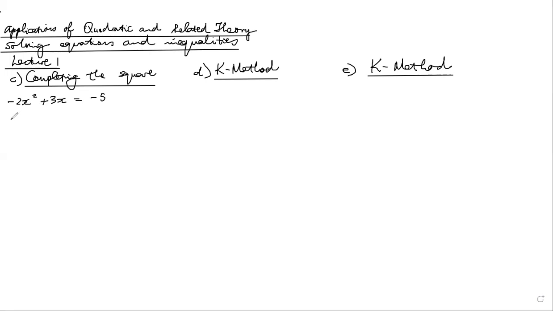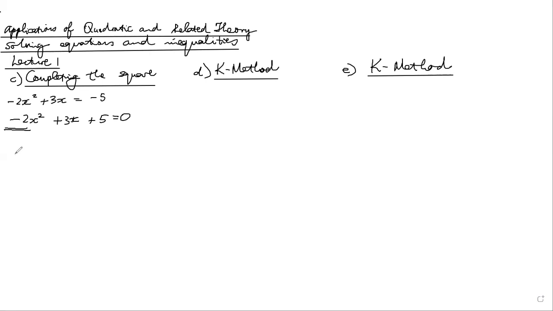So this is minus 2x squared plus 3x plus 5 is equal to 0. The next very significant difference to the previous example is that the coefficient of x squared this time is not positive 1, it's negative 2. So it's very important to identify that and to change the coefficient to positive 1 each time.